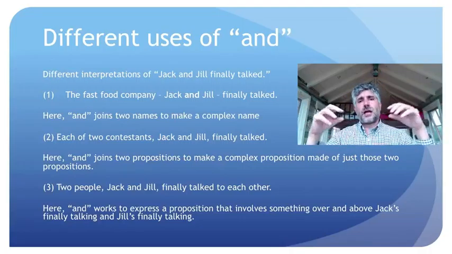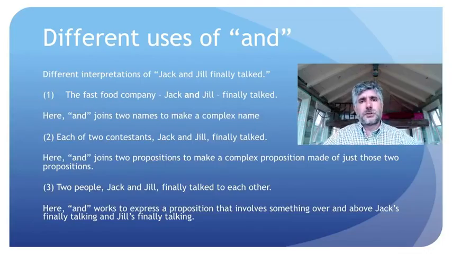And I'm using the word "and" to connect those two propositions into a larger proposition, "Jack and Jill finally talked." And so Roger won the competition. There, the word "and" is being used as a propositional connective. It's just connecting the proposition "Jack finally talked" and the proposition "Jill finally talked" to form a larger proposition, "Jack and Jill finally talked."